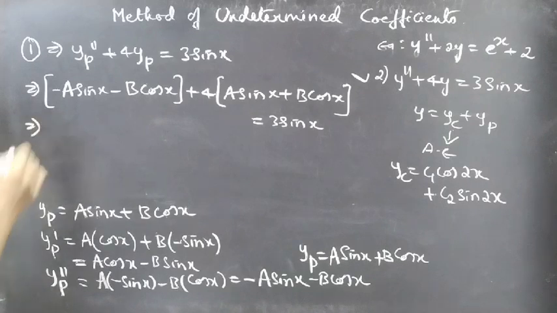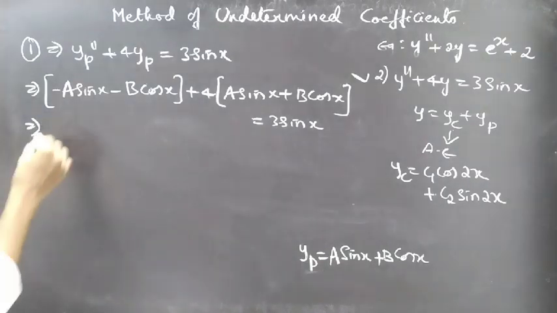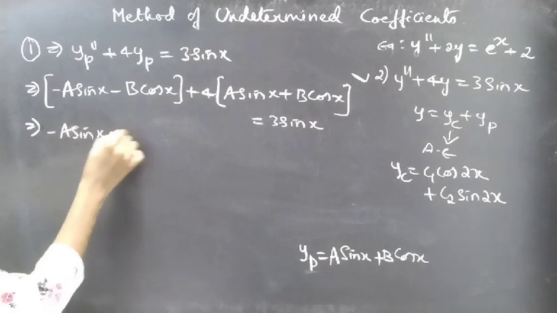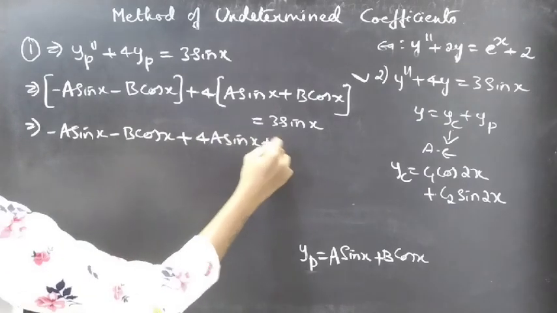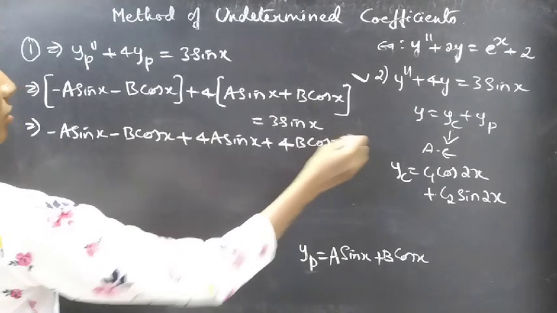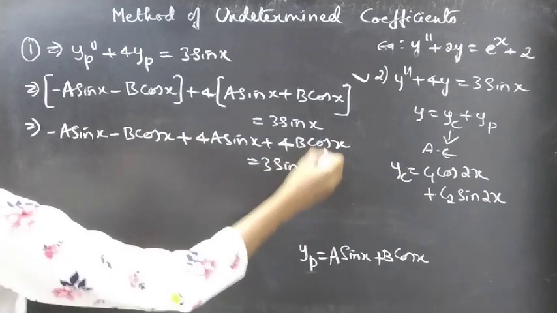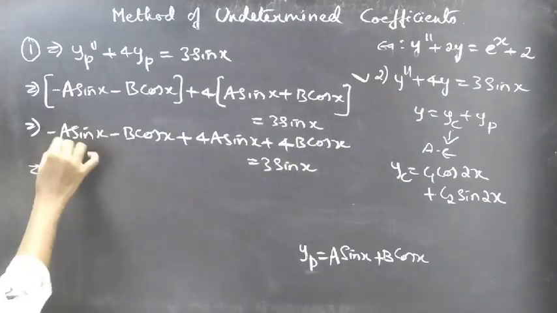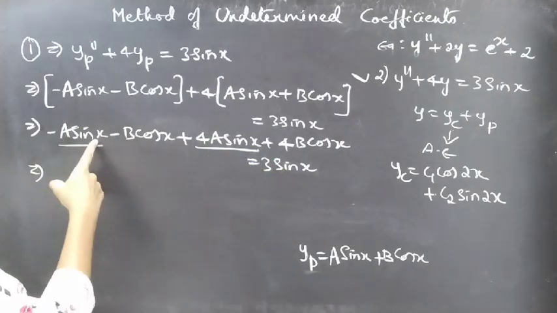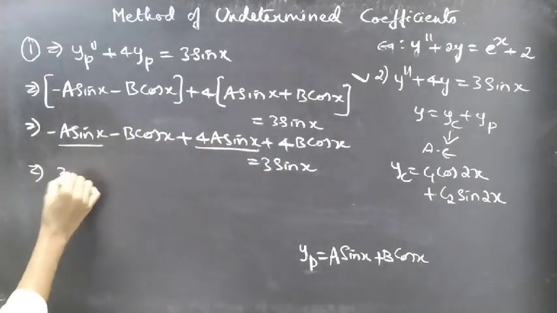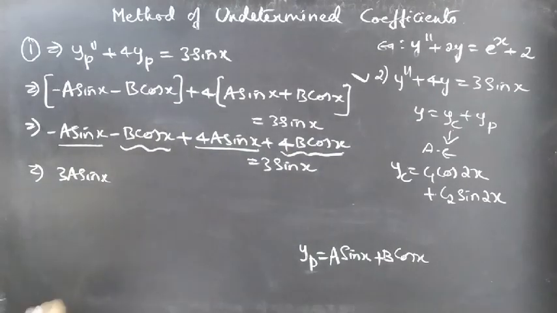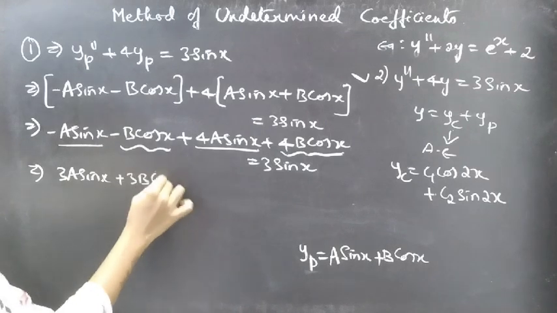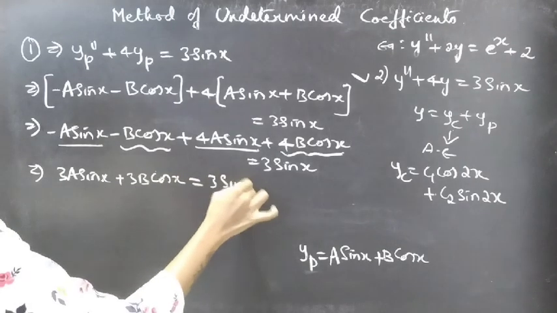Which gives us minus a sin x minus b cos x plus 4a sin x plus 4b cos x equal to 3 sin x. Now minus a sin x plus 4a sin x gives 3a sin x, minus b cos x plus 4b cos x gives plus 3b cos x, equal to the RHS part 3 sin x.